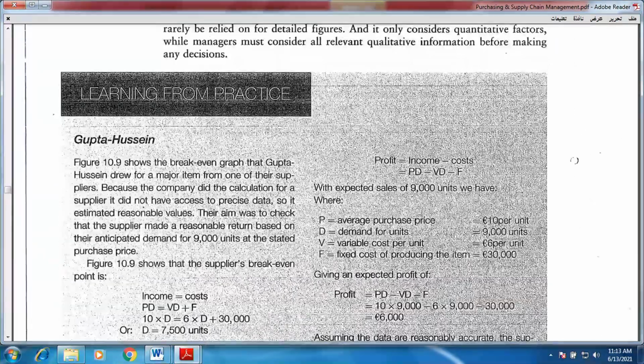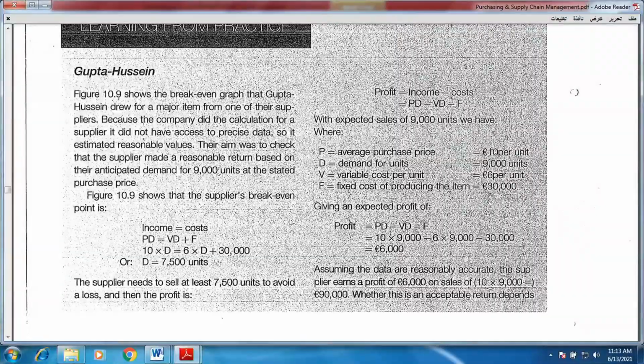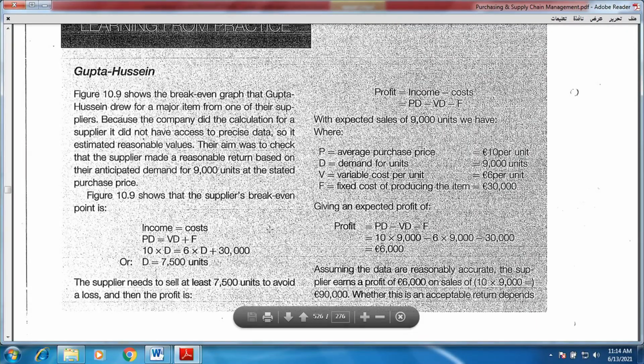We have here an example with certain numbers. I want to leave this example for you to read carefully. You have the fixed cost, the variable cost, the demand, and the average selling price, meaning the average selling price multiplied by the demand. You have the total sales, the fixed cost, and the variable cost.